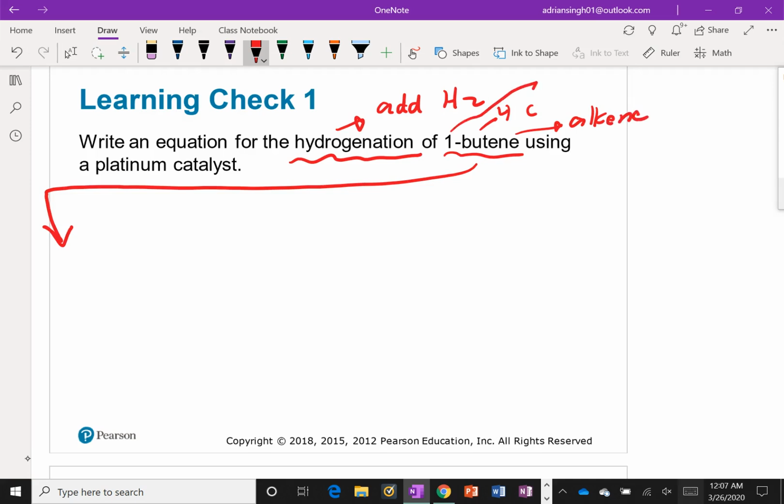And the 1 tells us the double bond starts on carbon 1. So here's 1, 2, 3, 4. There's my but. I have a double bond that starts on carbon 1. There it is, and that's my 1-butene.